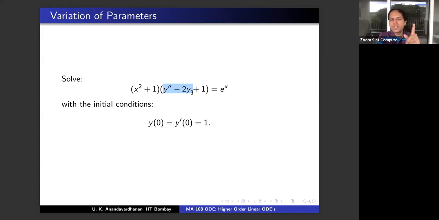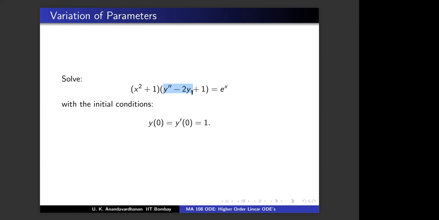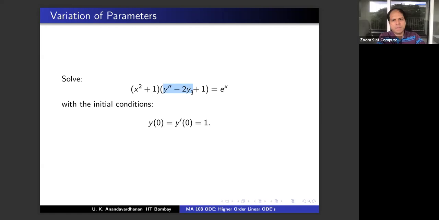So what are the solutions? It's not e power x and x e power x, but this is D square minus 2 equal to 0. So D equal to root 2 and minus root 2. So e power root 2x and e power minus root 2x. Agree? That's correct, no? So particular solution you find by variation of parameters.